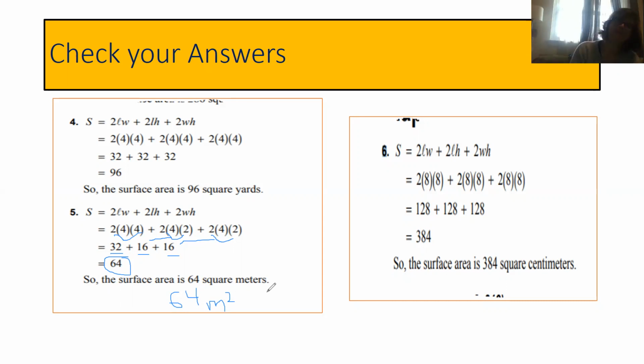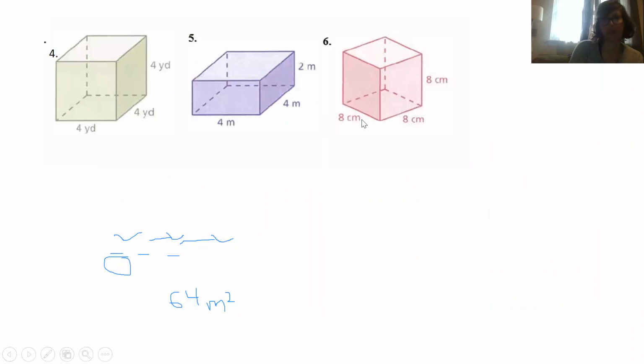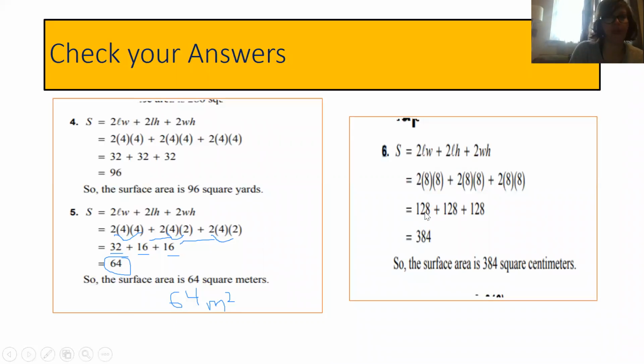And then for number 6, I'm going to go back here for just a minute so we can look at the picture. In this case, we ended up with 8 as being our length, our width, and our height. So we filled that one in.